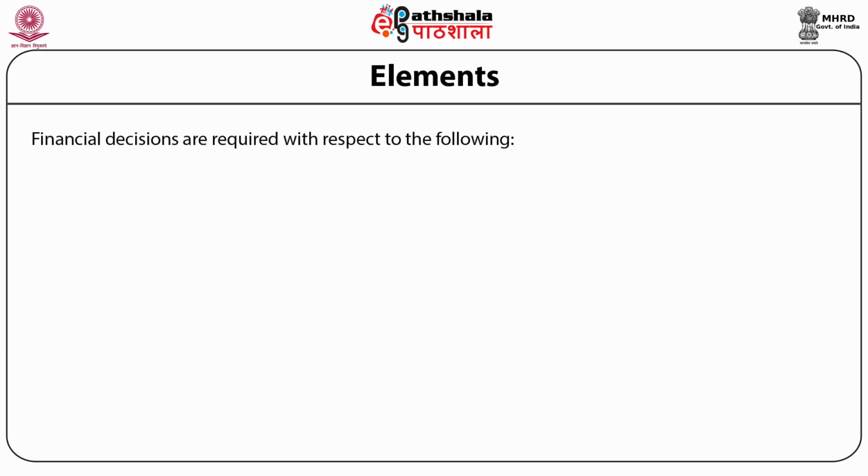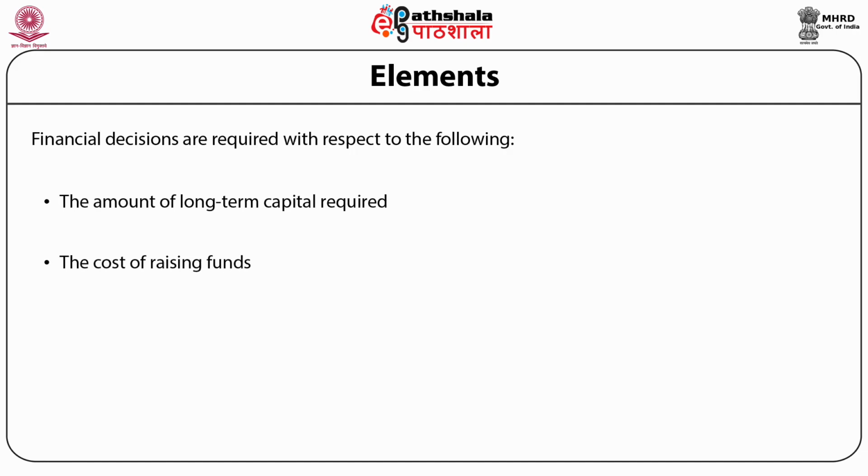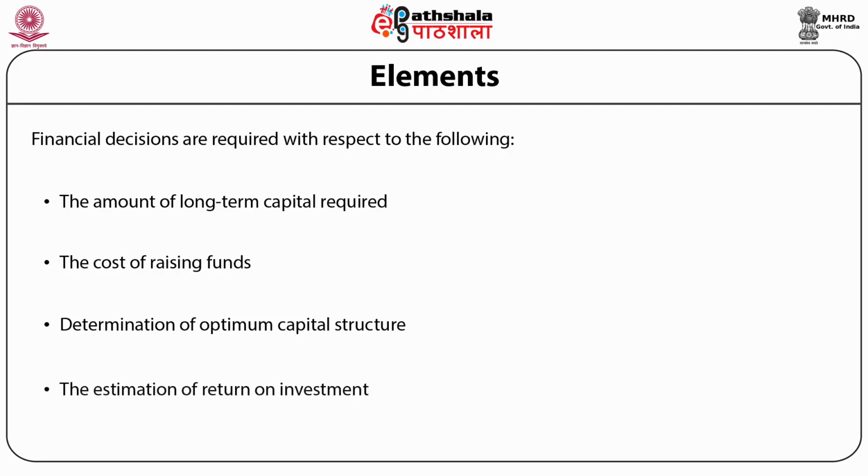Financial decisions are required with respect to the following: the amount of long-term capital required, the cost of raising funds, determination of optimal capital structure, and the estimation of return on investment, called ROI.